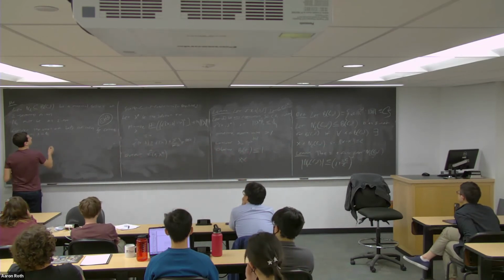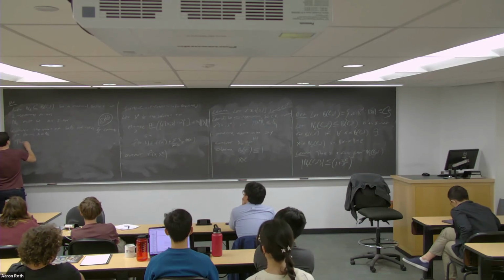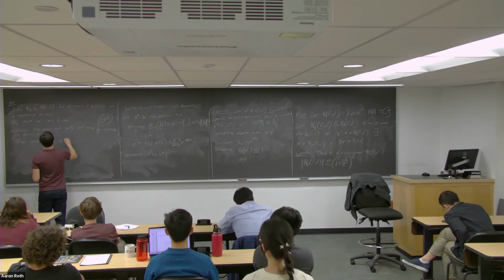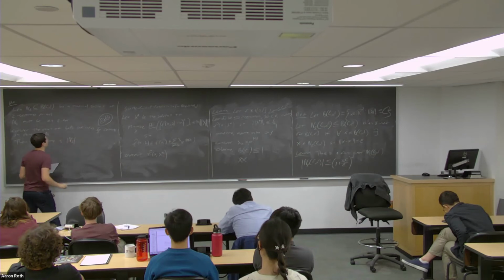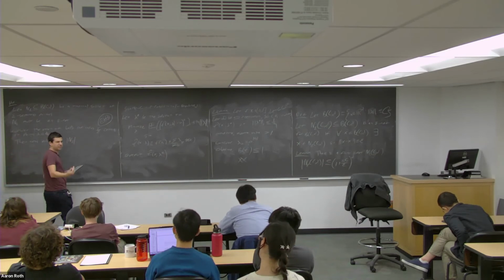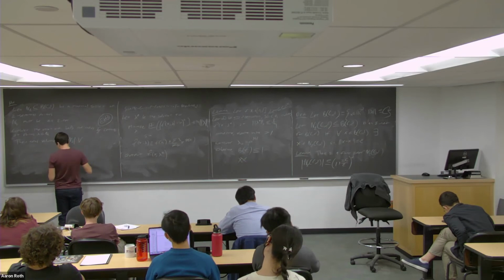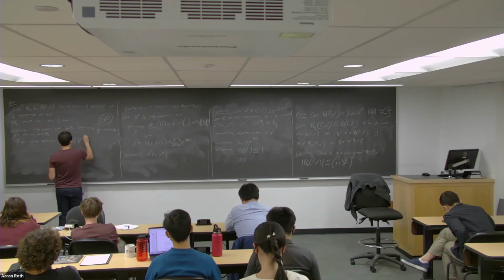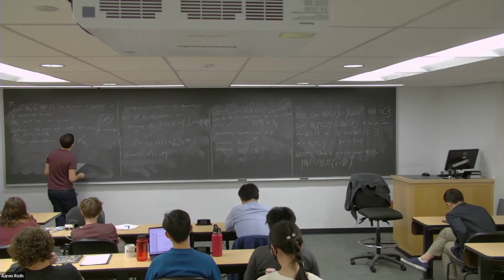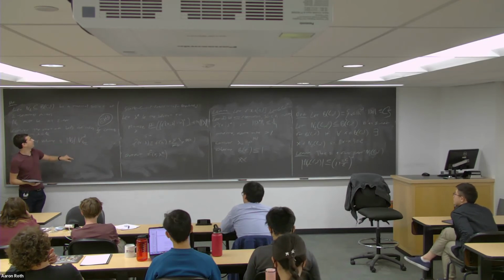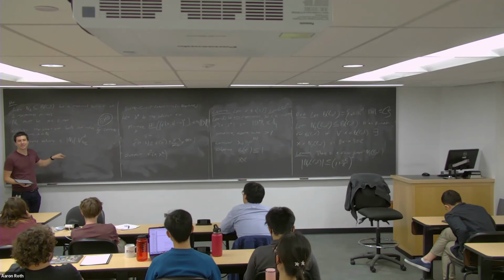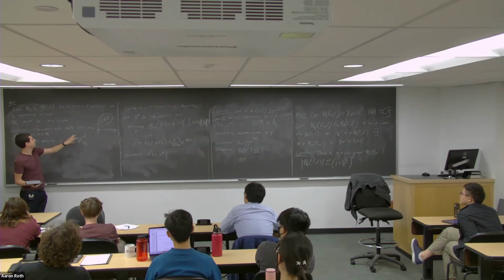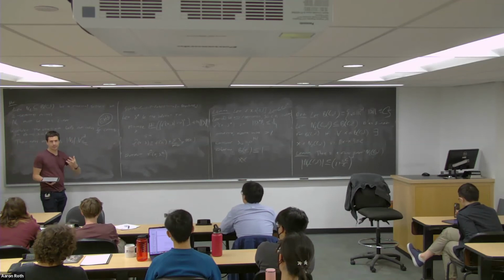So their total volume is just the cardinality of this set times the volume of a d-dimensional ball that has radius epsilon over 2. Okay, let's say this is the notation for the volume of an L1 ball in d dimensions that has radius epsilon over 2. So the volume of the union of all of these balls is just the volume of any one of them times the number of balls because they're pairwise disjoint.